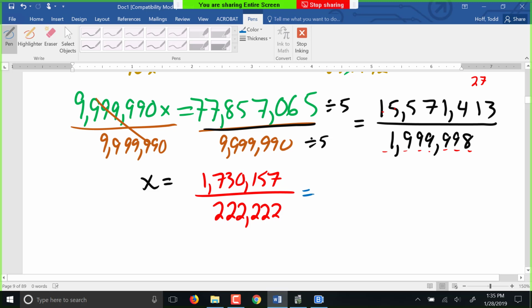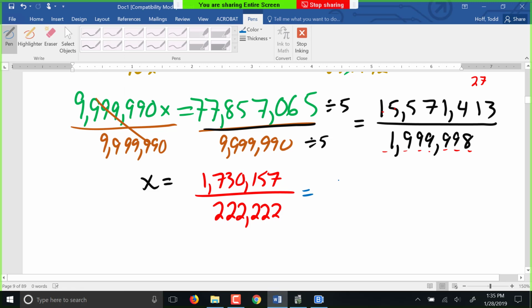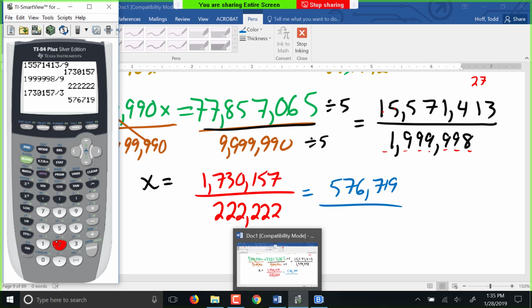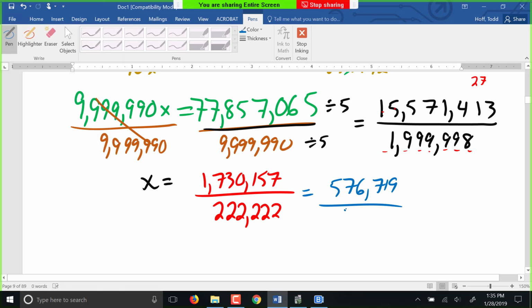If you were to keep going reducing this, I'm going to assume you guys can reduce a fraction. That actually reduces to 7 and, let's keep going. I'm going to screw it up if I'm not careful. So 576,719 over 74,074.